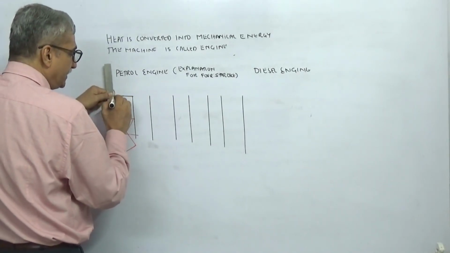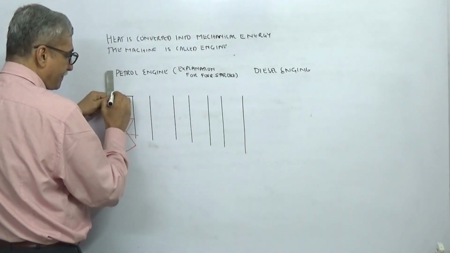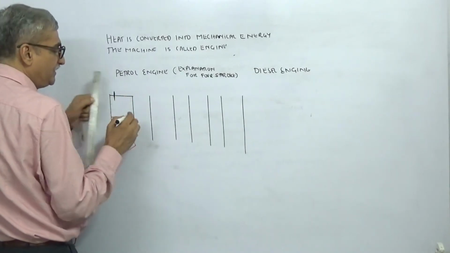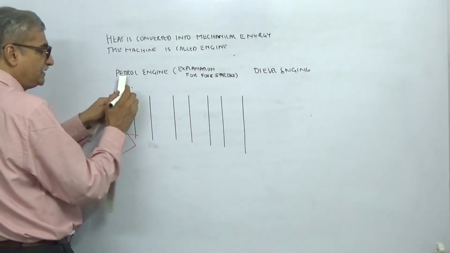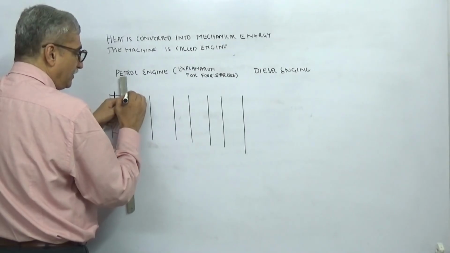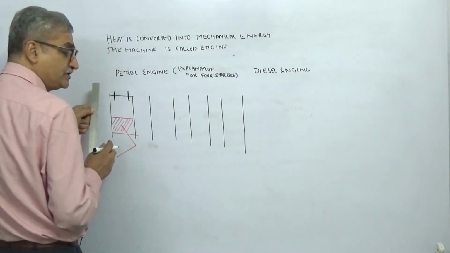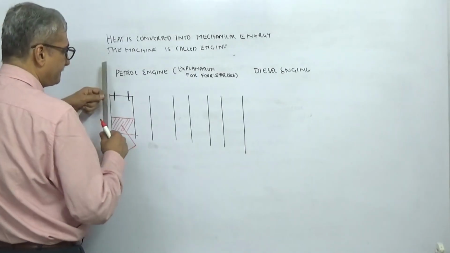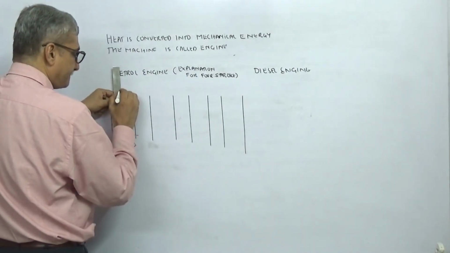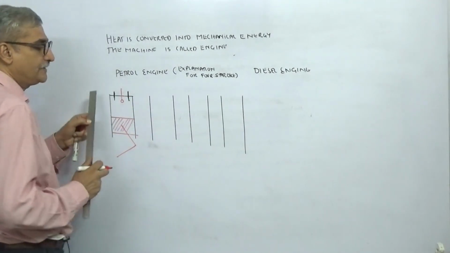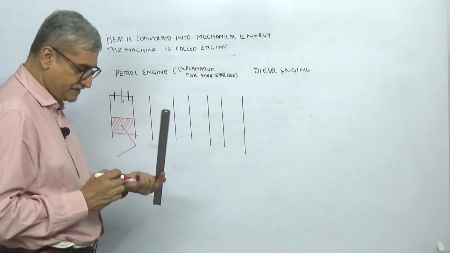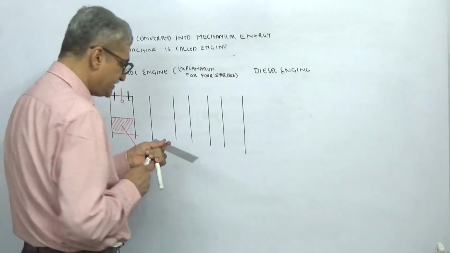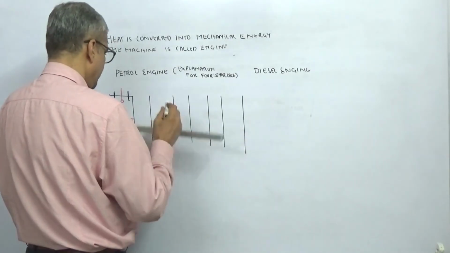This will be an inlet. This will be an outlet, an exhaust valve, and you will have a spark plug. First I'll draw it, then I can explain very easily.